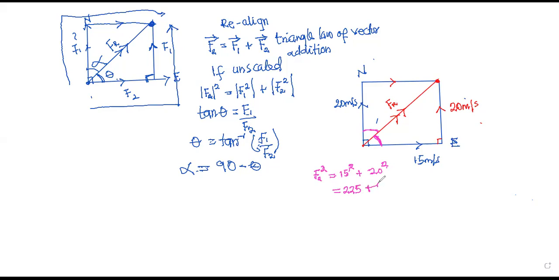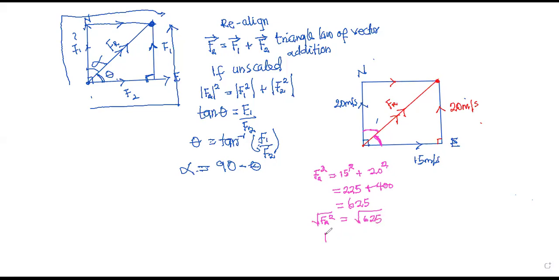Plus 400. Let's sum it up. We have 625. Therefore, when I take the square root of both sides, I can find the resultant.